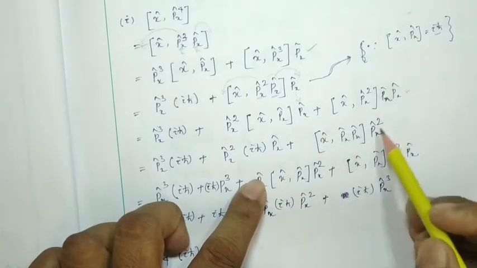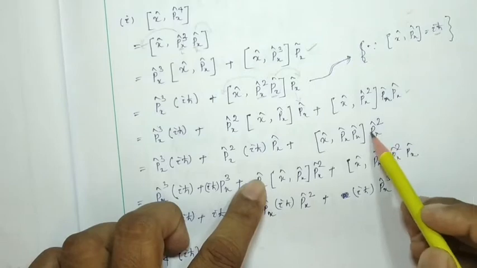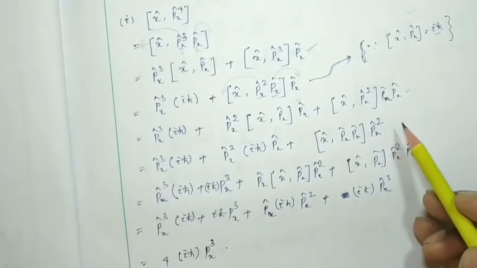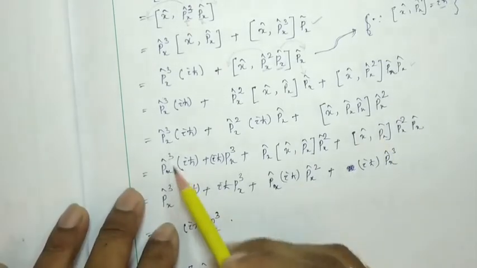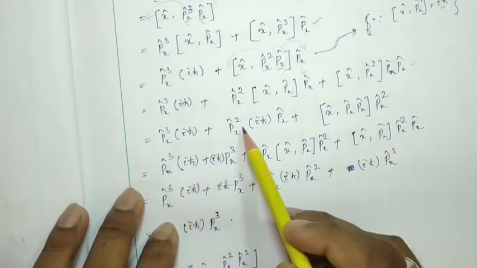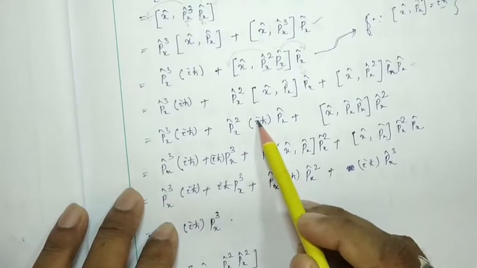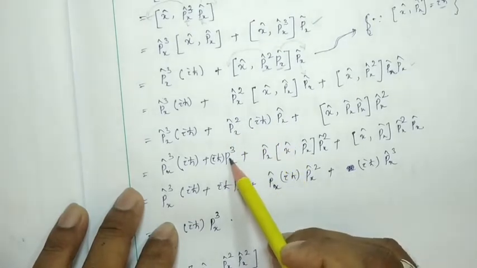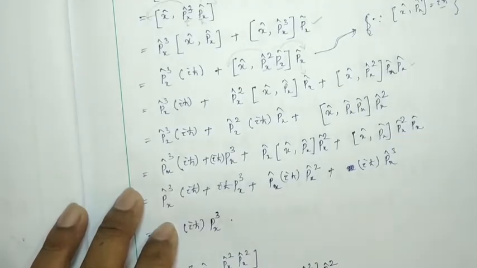Already on the right hand side p_x cap into p_x cap can be written as p_x cap square. So this will be p_x cap cube and this will be p_x cap square, this is constant, so this will be iħ cross p_x cap square p_x cap, which will be p_x cap cube.